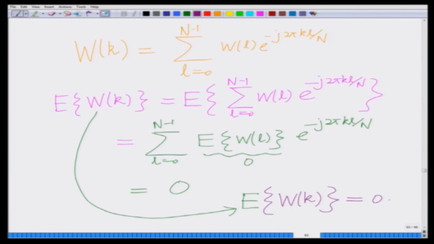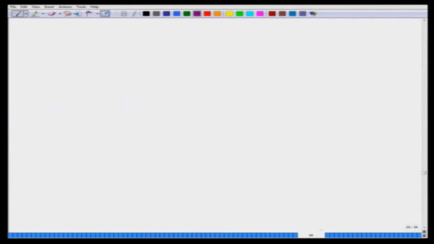Now, let us look at the variance of each noise sample. Let us look at the expected value of magnitude W_k square, and let us ask this question, what is this?